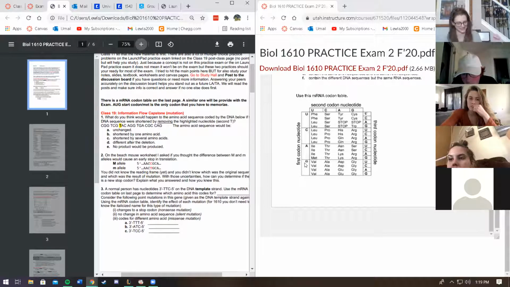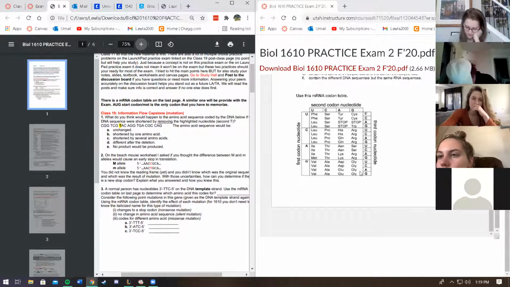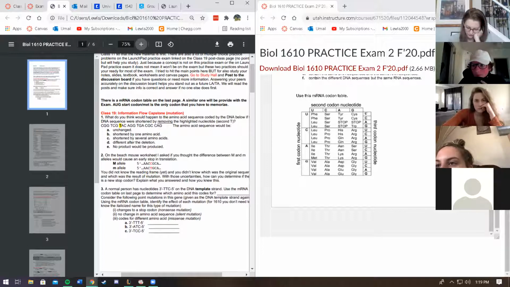I'm so confused. So the DNA template strand shows 3' TTC 5'. We're just trying to make sure that we're able to create another replica of it, the semi-conservative strand. So we're just trying to find the other part, which is the mRNA.